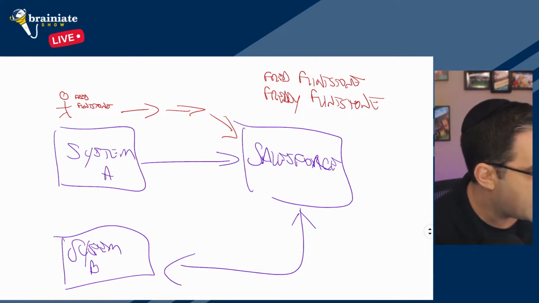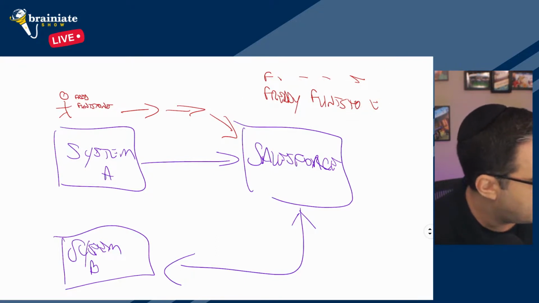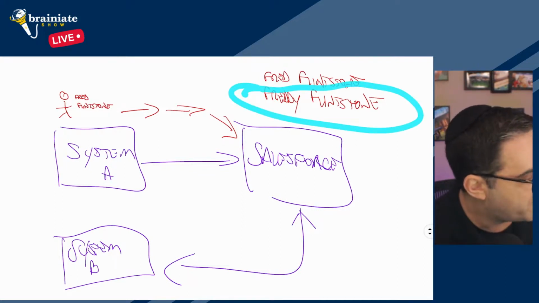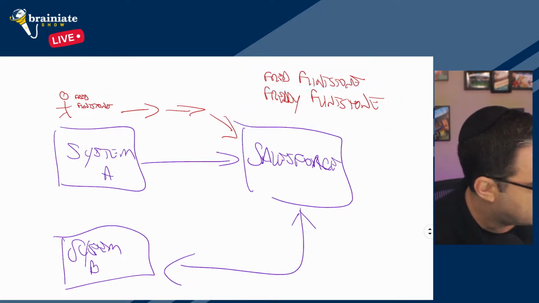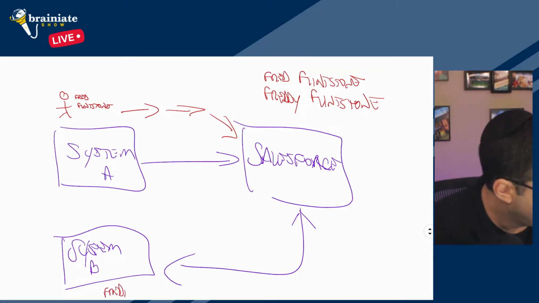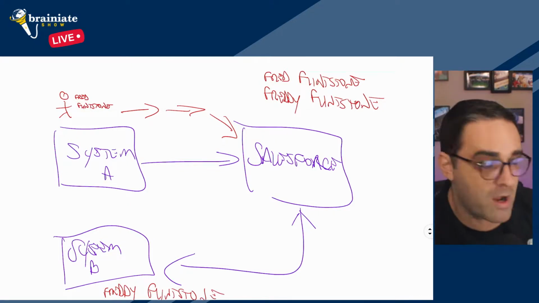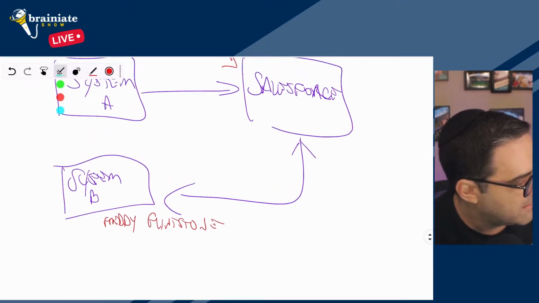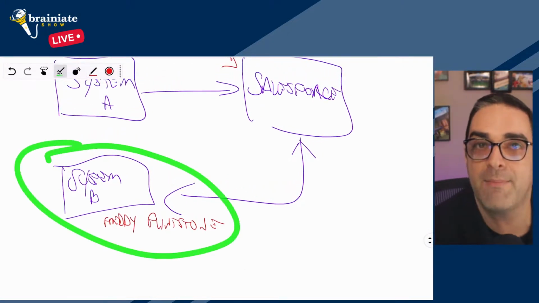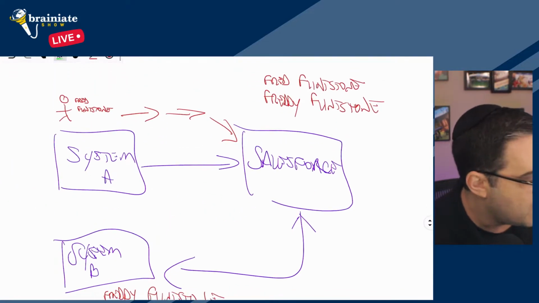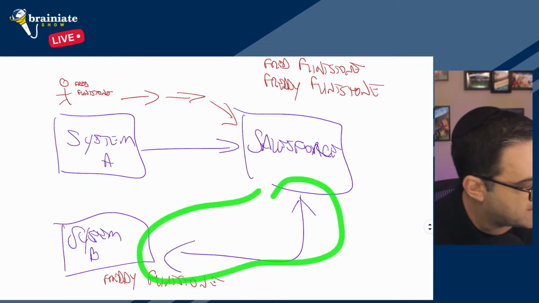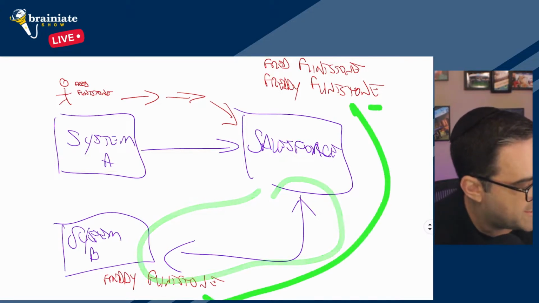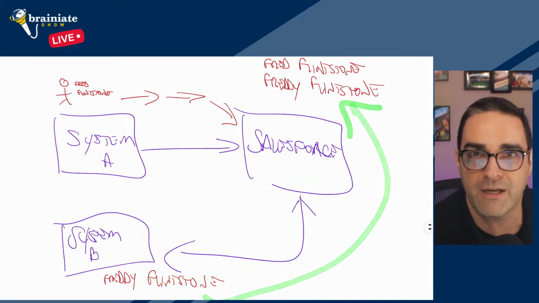Well, if this record of Freddie Flintstone is also represented over here, and someone went into this system and made an update to that particular record, well, because there is a two-way integration, it's going to automatically update in Salesforce that entry for Freddie Flintstone.